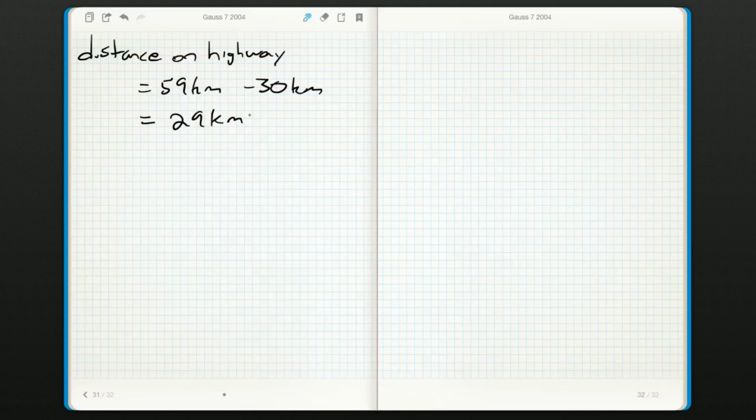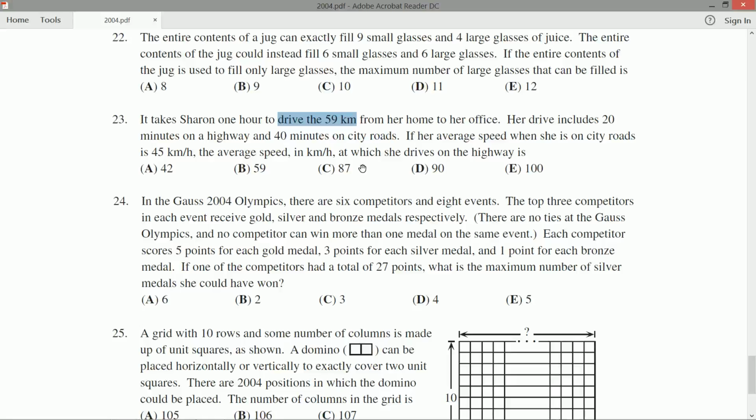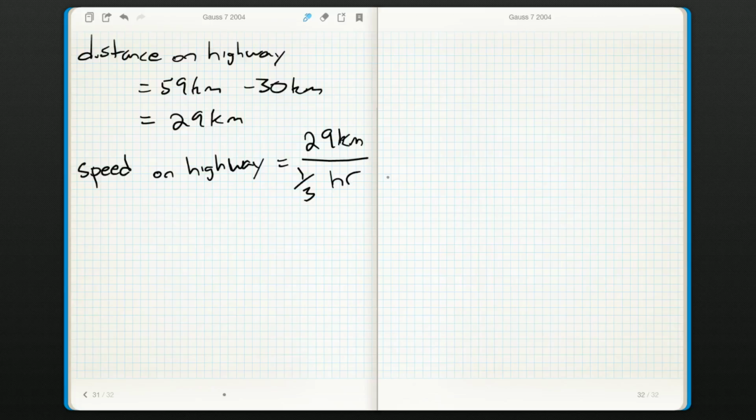Okay. So now we want the speed on the highway. Speed is distance over time. So that's 29 kilometers, the distance she spent on the highway, over the time she spent on the highway, which was a third of an hour, the 20 minutes. So now we just rearrange.